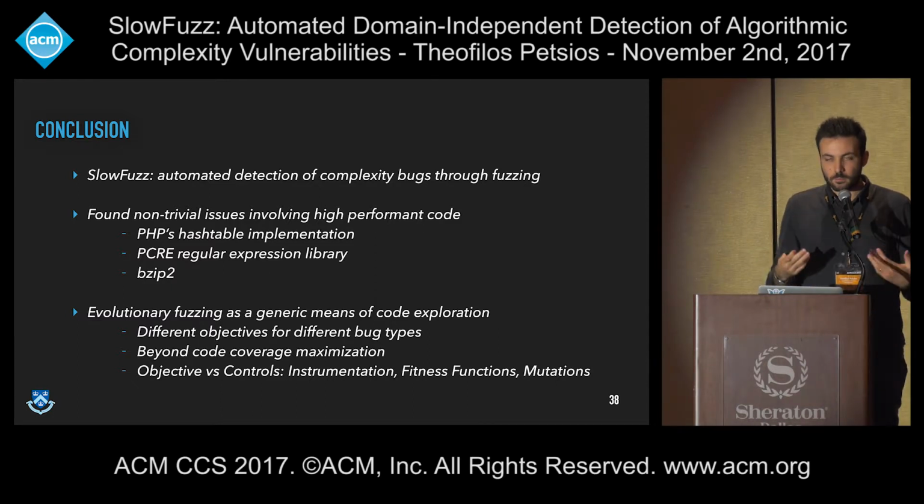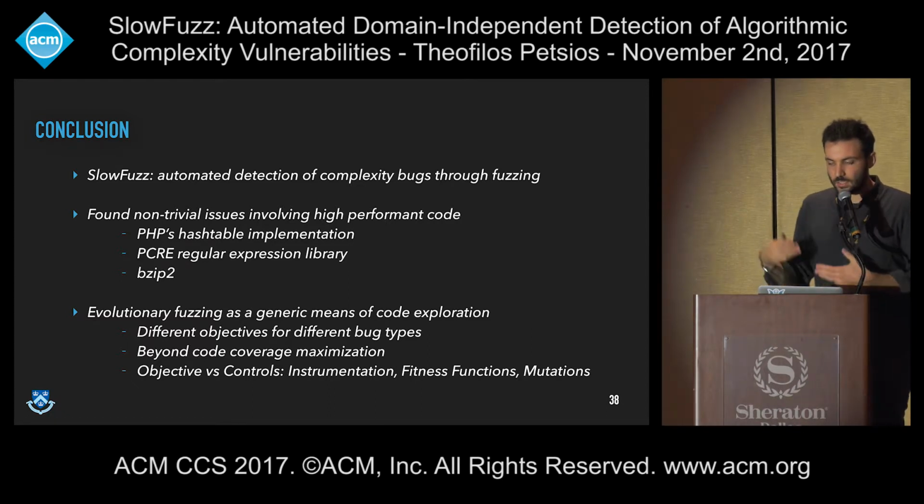Different bug types have different objectives, and we should adapt modern fuzzers to go beyond code coverage maximization and design new instrumentation routines and fitness functions to serve our given objectives. So essentially, we have one objective and different controls, and we can tweak them to our needs.